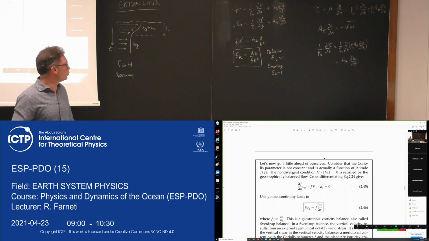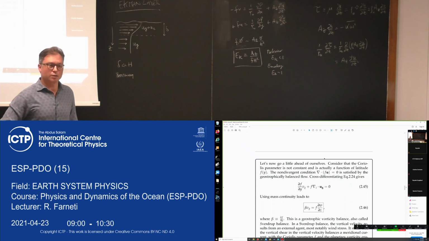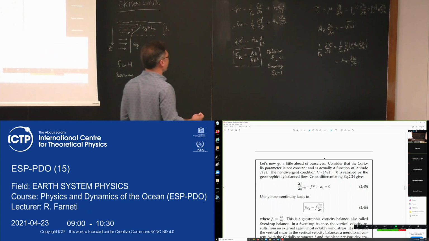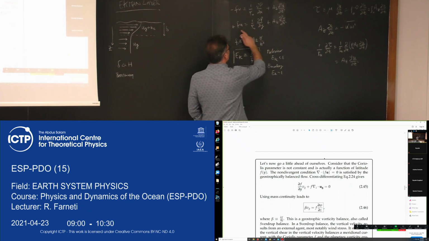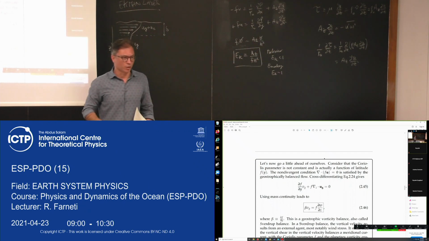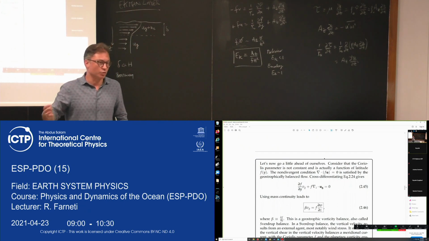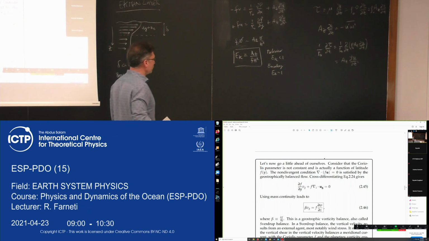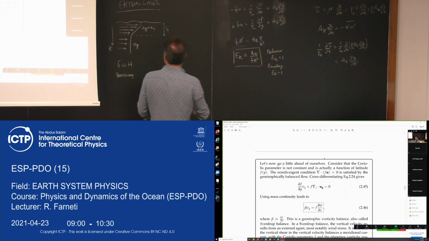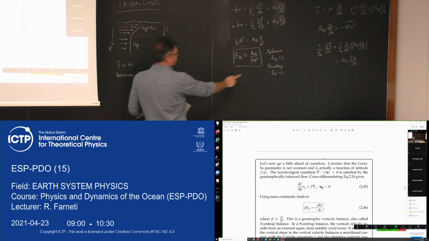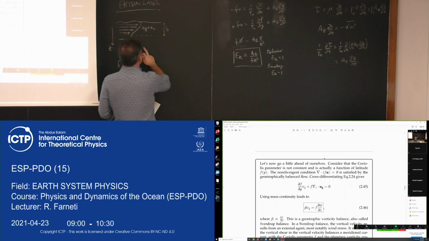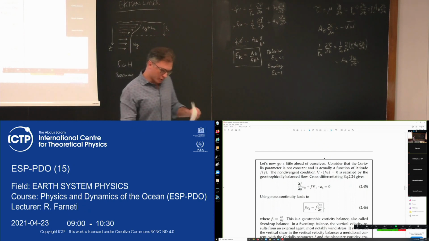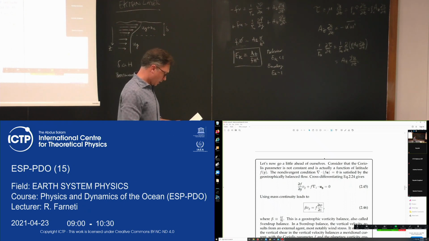So it's comparable to the Coriolis effects. It's not much larger, otherwise you're not a geophysical fluid anymore. You're just a fluid in a pipe or whatever. So you want to retain Coriolis. So you want the Ekman number to be on the same order as Coriolis, not much larger. Otherwise you could neglect the rotation. So here in the boundary layer, frictional effects are important, and in the geostrophic interior, frictional effects can be neglected.